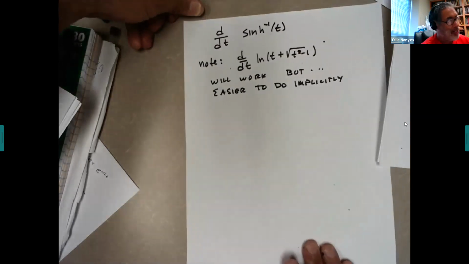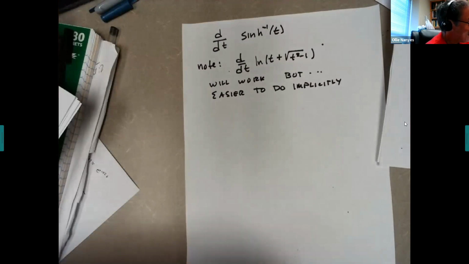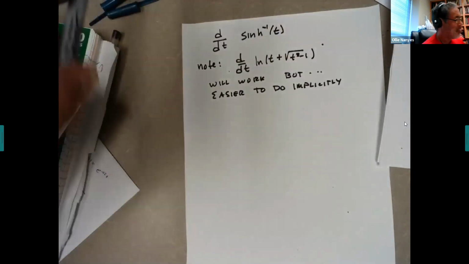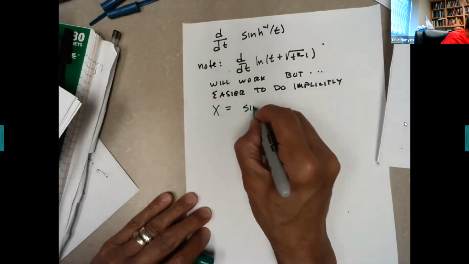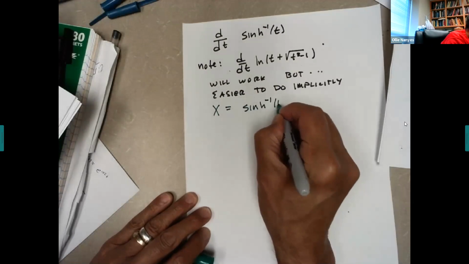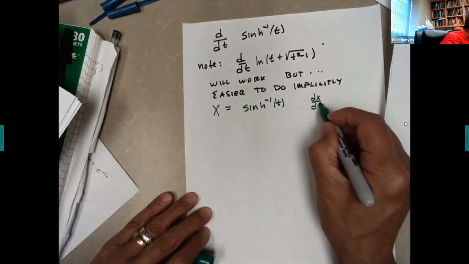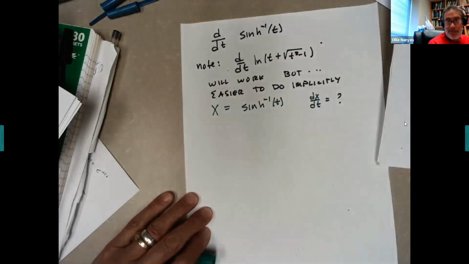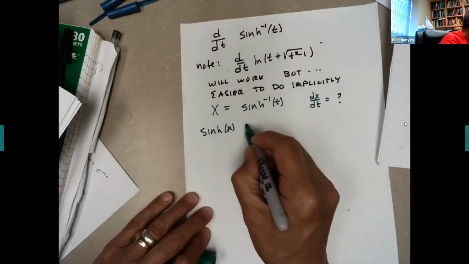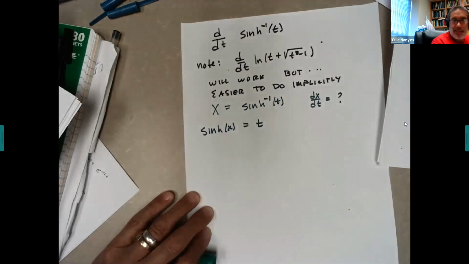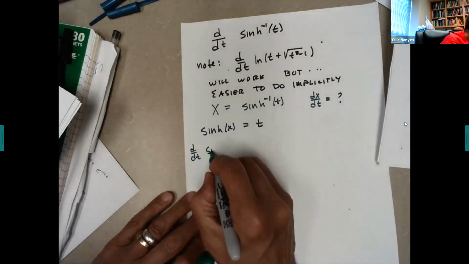So this is a nice little application of implicit differentiation. Let's just go ahead and solve this. Let x equal inverse hyperbolic sine of t, and we want dx dt. So we take hyperbolic sine on both sides and differentiate. Now you take d dt on both sides.